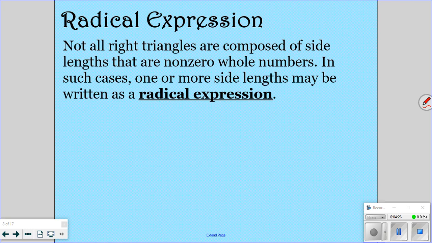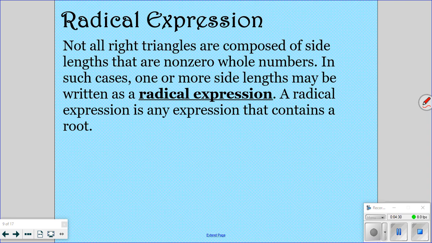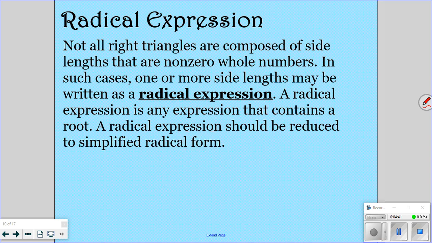And when that happens, we can have a radical expression. A radical expression is an expression that has the square root of a number. And it should always be reduced so that it is in simplified radical form. We'll practice that when we do some examples in just a second.